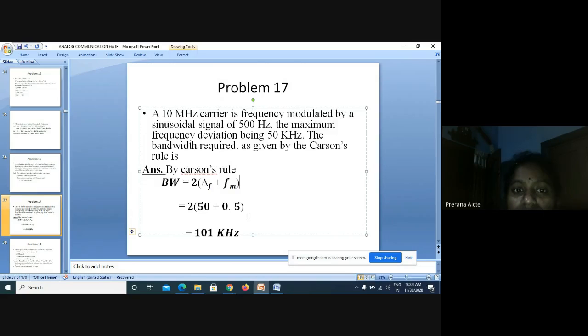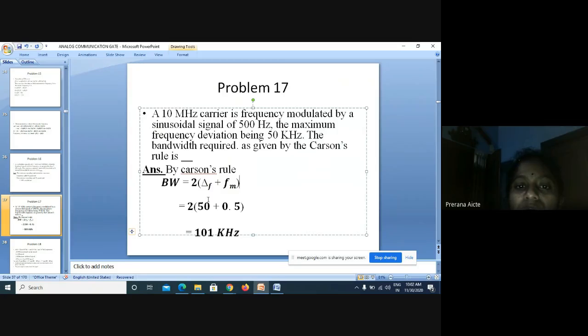From the question, what is your del f? The frequency deviation is 50 kilohertz. And what is your maximum frequency? You just observe here, the 10 megahertz carrier is frequency modulated by a sinusoidal signal of 500 hertz. That means the message signal frequency is 500 hertz, and your frequency deviation is 50k.